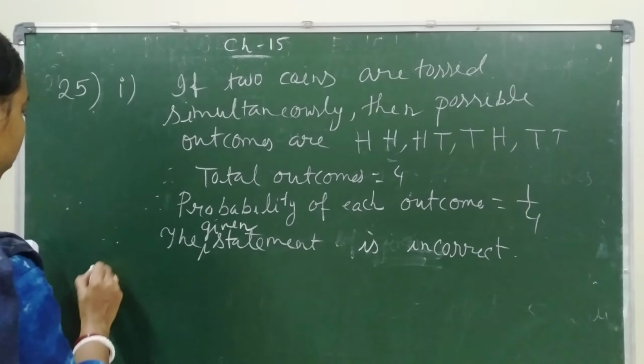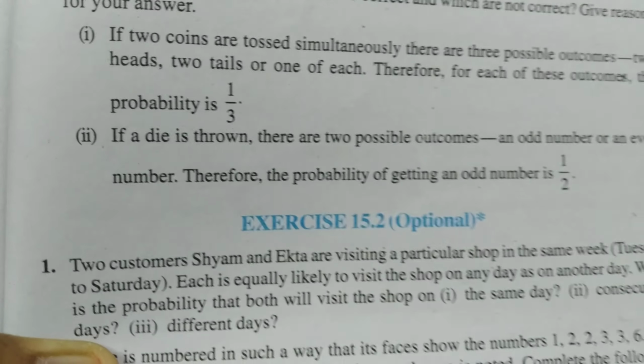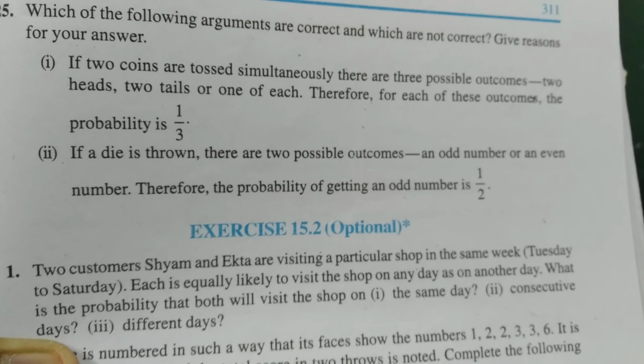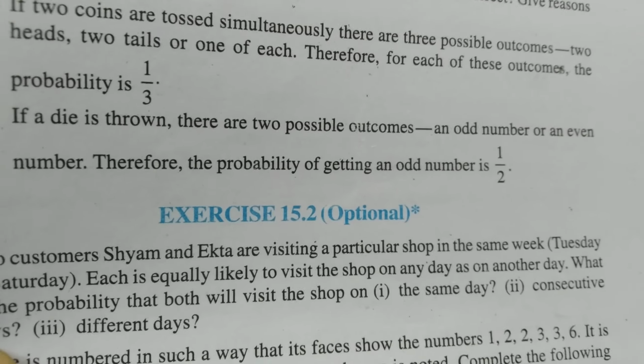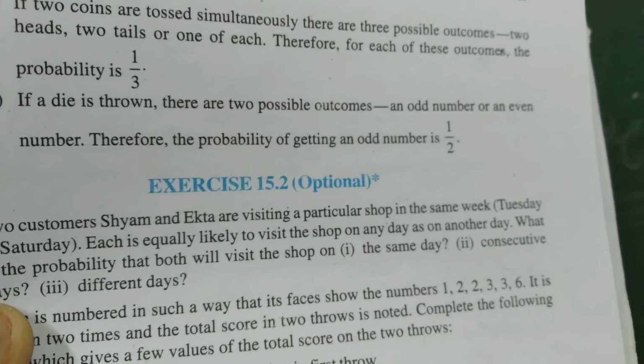Now second question. If a die is thrown, there are two possible outcomes, an odd number or an even number. Therefore, the probability of getting an odd number is 1 by 2.